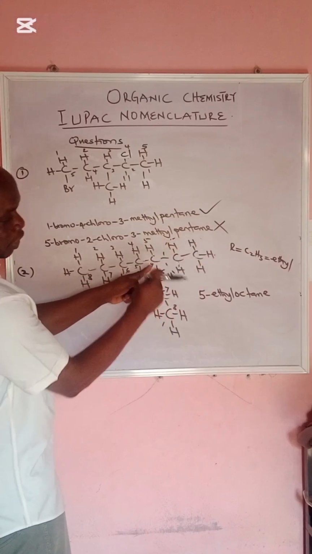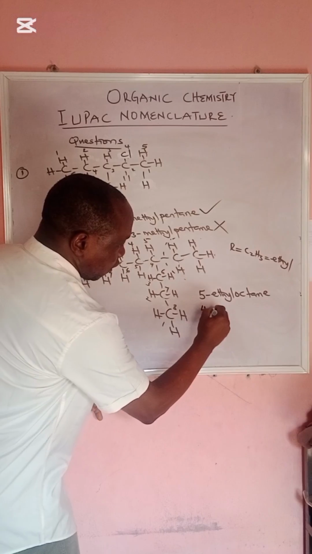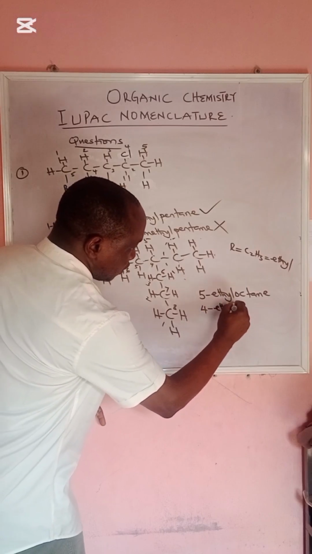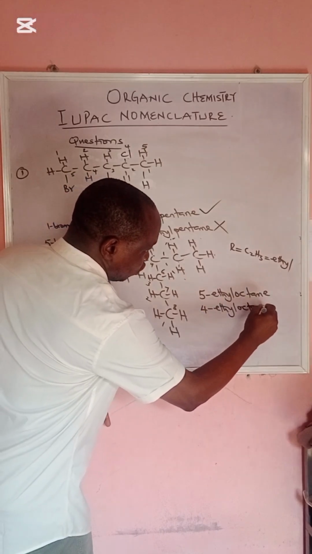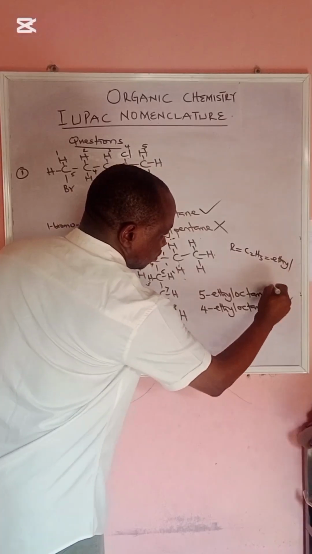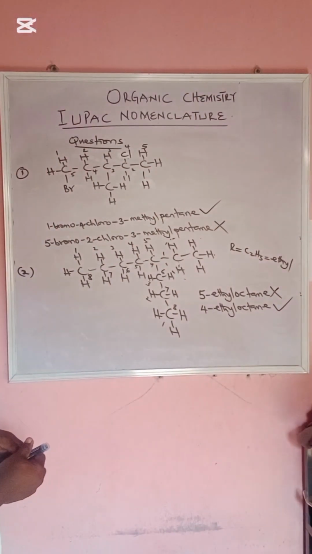So it will be 4-ethyl octane. You take the lower number, so this is correct and this one is wrong. Please take note of that. That is how to name alkane. That is naming of alkane.